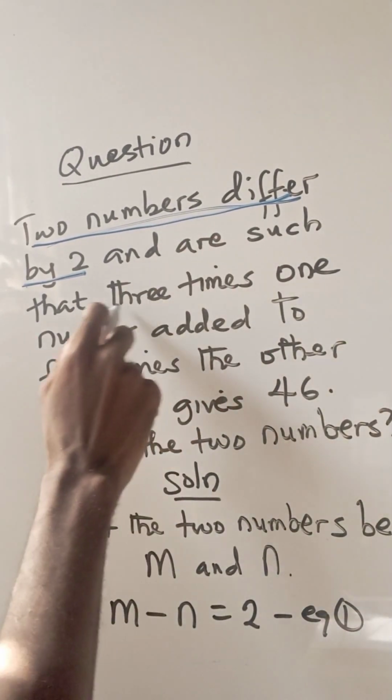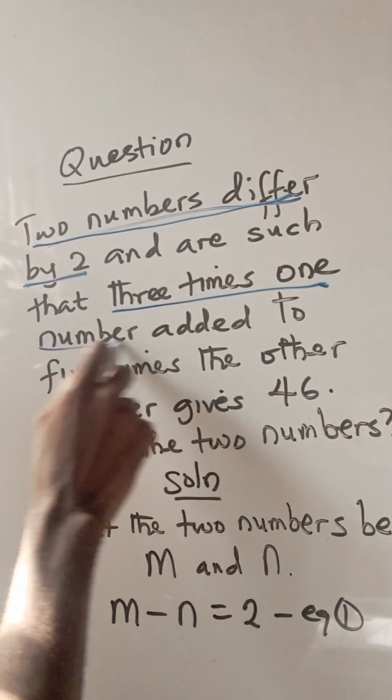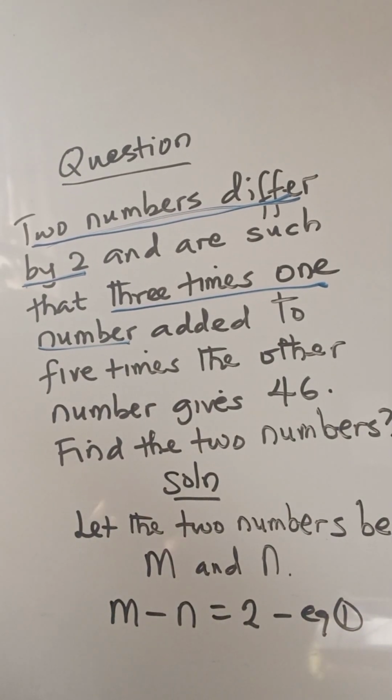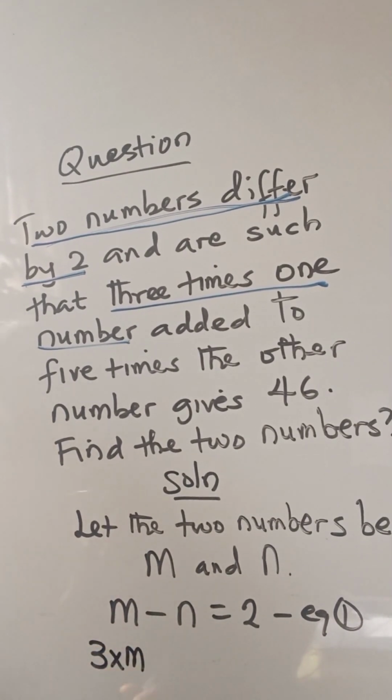And they are such that 3 times one number, so 3 multiplied by one number.